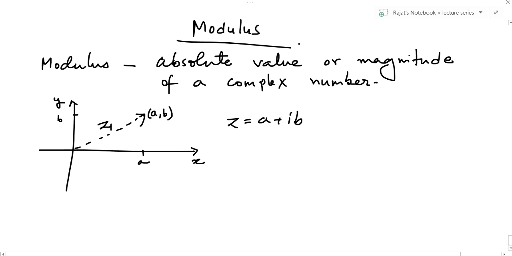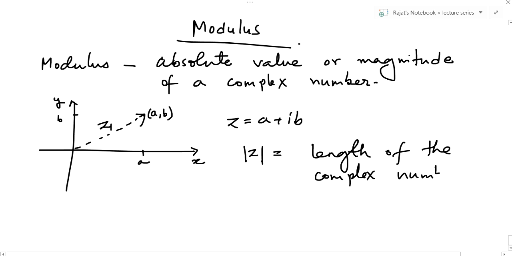When I say modulus, the modulus is represented by the mod function. So if I say modulus of z, that means mod value of z. This mod value of z is nothing but the length of the complex number. So this length that you are seeing, this arrow, is known as mod z.